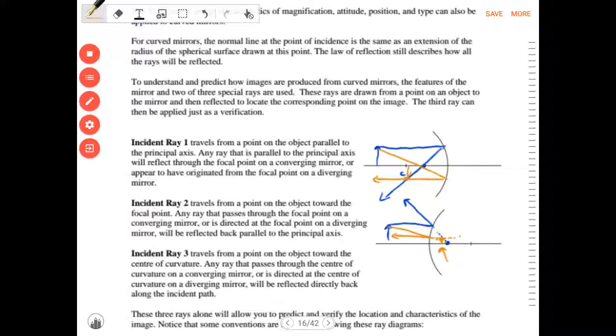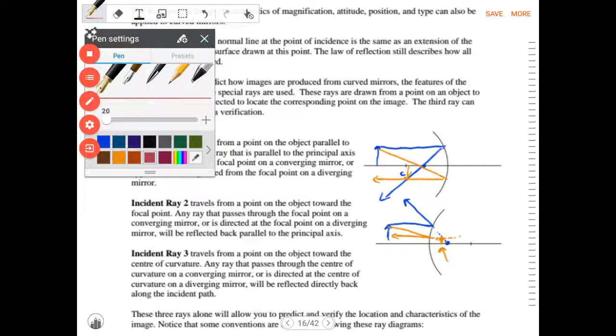Okay, now, ray 3 travels from a point on the object towards the center of curvature. Any ray passing through the center of curvature on a converging mirror, or directed back from the center of curvature on a diverging mirror, will reflect directly back along that path.